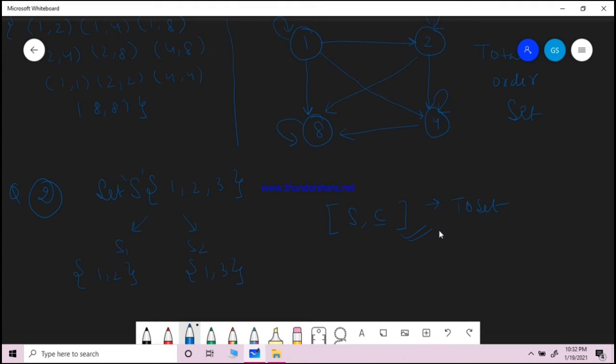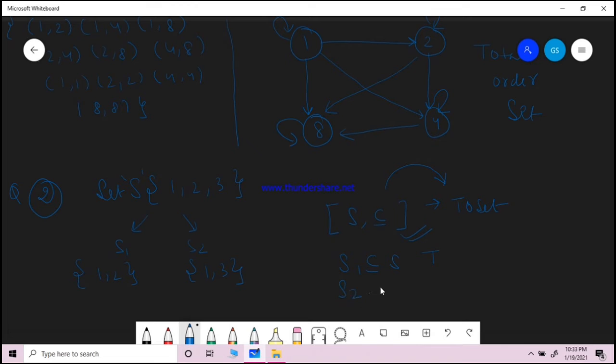This is a partial order set. I have proven that. Now, after partial order set, the next step is to prove whether it's a TOSET or not, total order set or not. So simply see, if I'm saying that S1 is a subset of S, this statement is true.